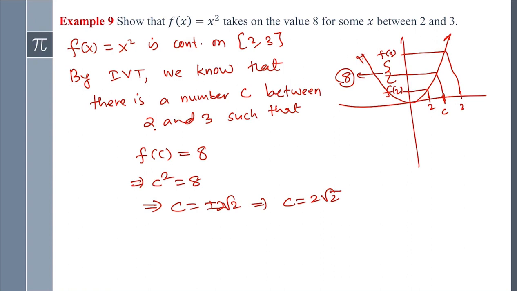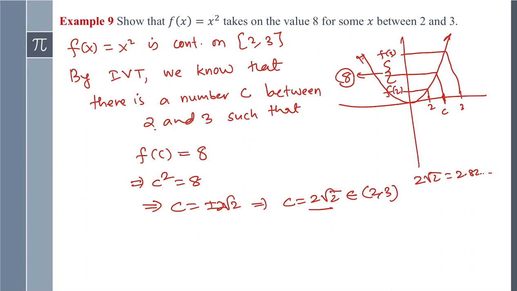If we put this into the calculator, we get 2.82 and some more numbers over there. So that means this number is in between 2 and 3. Okay, so that means we showed that there's a number between 2 and 3, which is 2 square root of 2, whose value is 8.